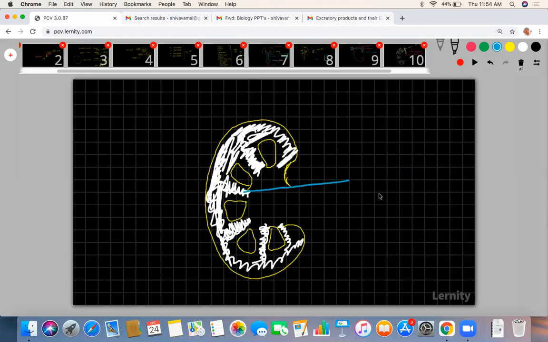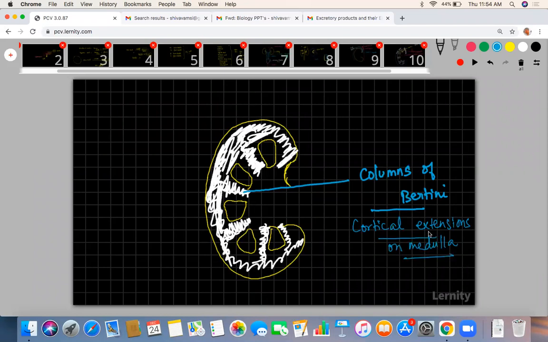This region is called the columns of Bertini. Why do we call them columns of Bertini? What are these columns of Bertini? They are cortical extensions on the medulla.